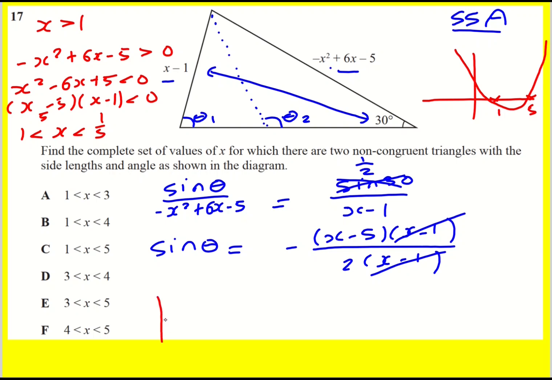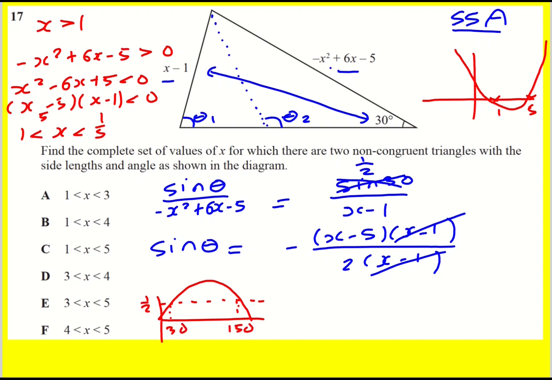Now here's a bit to think about. If we look at the sine graph, to be honest, we just want to look at this part of the sine graph. Then we know we've already got 30 degrees from one of the angles. So I can't have the other angle going beyond 150. And sine 30 is a half, and sine 150 is also a half.